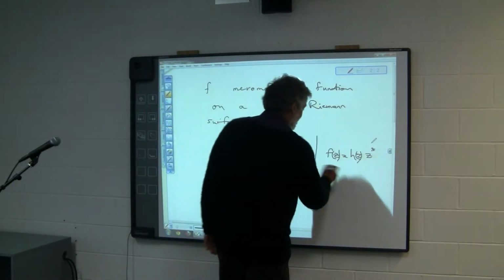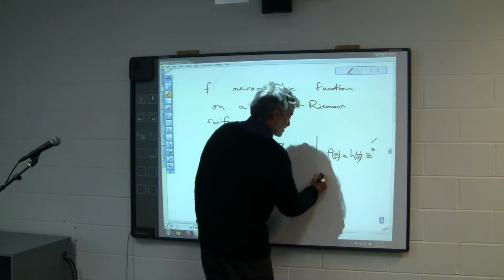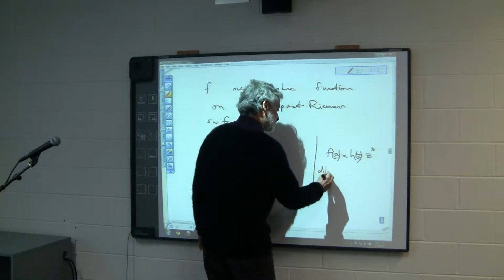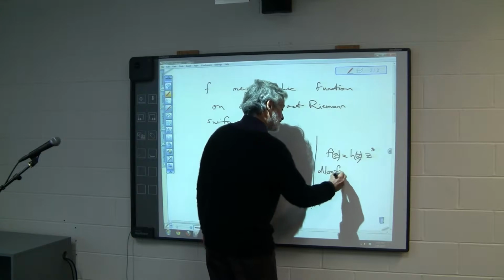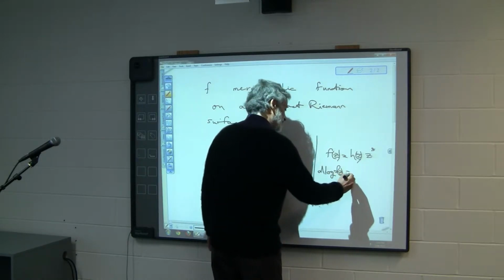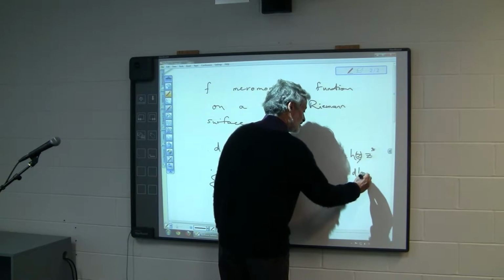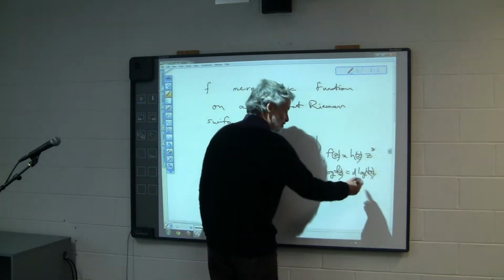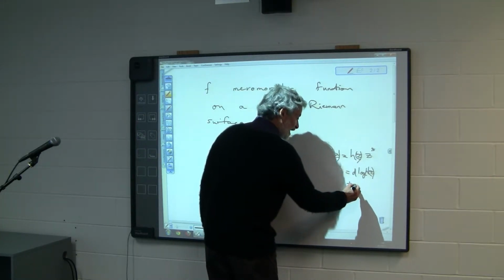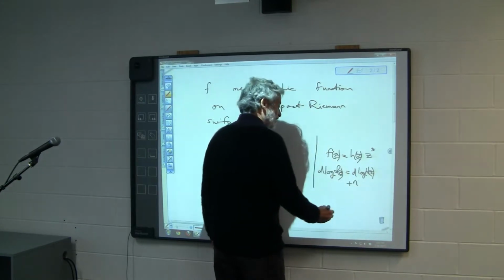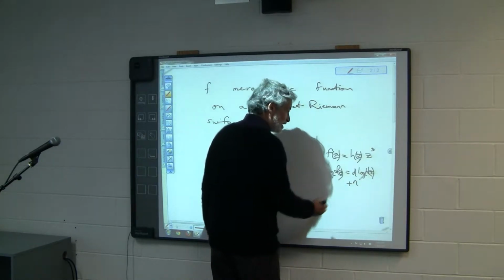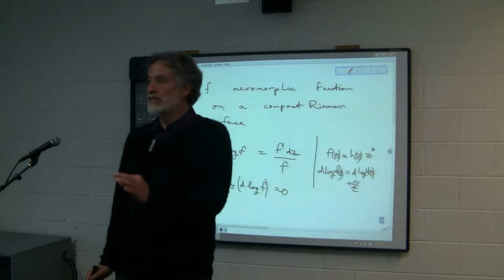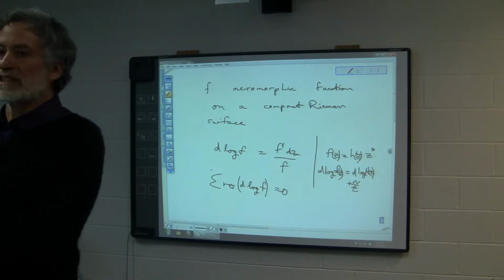So in other words, d log of f of z is d log of h of z, which doesn't matter because it has no residue at the origin, plus n times d log of z, which is 1 over z. So in other words, the residue at the origin is exactly n.